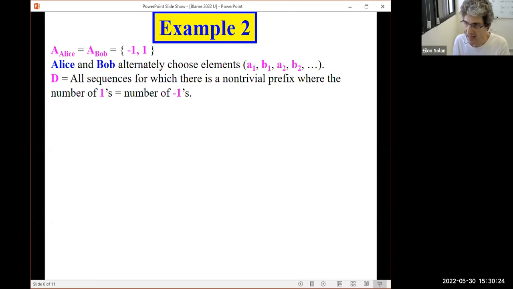Is it clear how this D relates to the random walk example of reaching the origin infinitely often? Reaching the origin infinitely often is the same as reaching the origin once, for the purpose of testing the deviator.